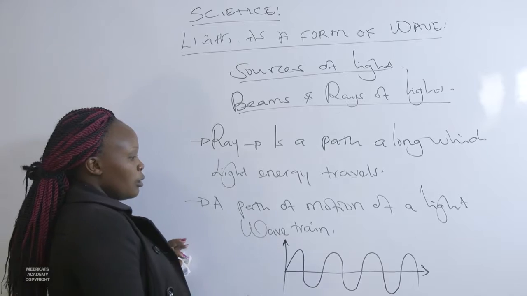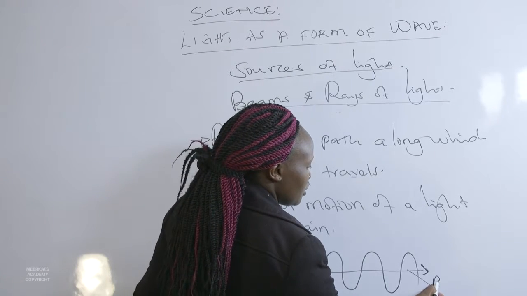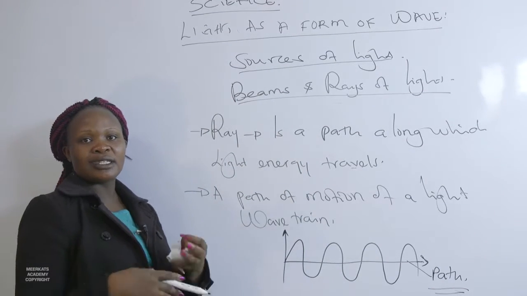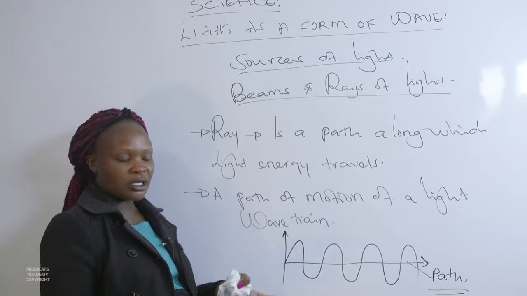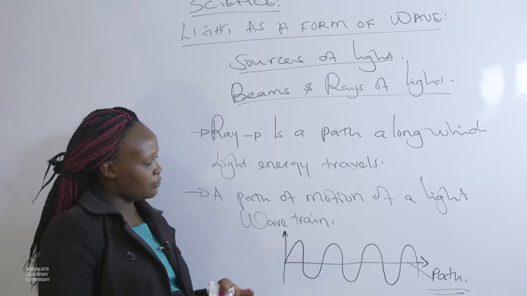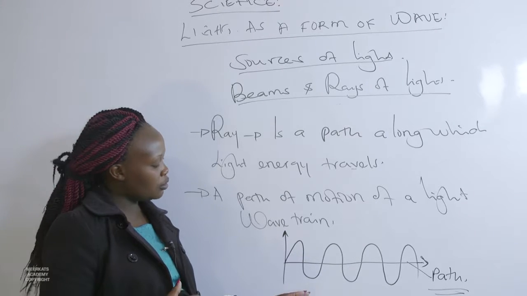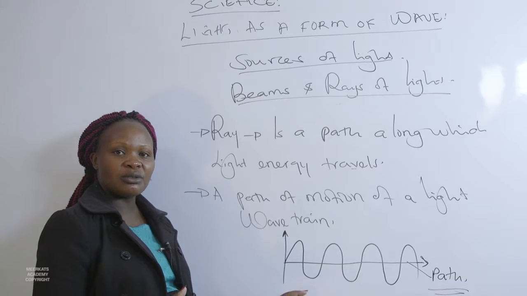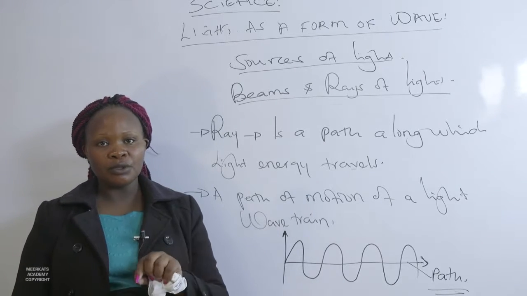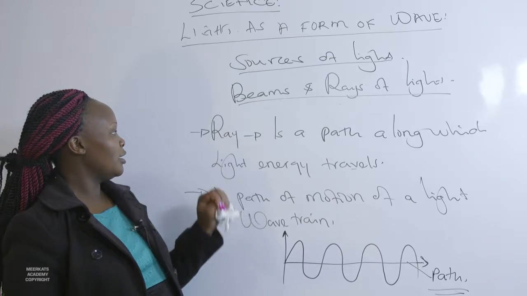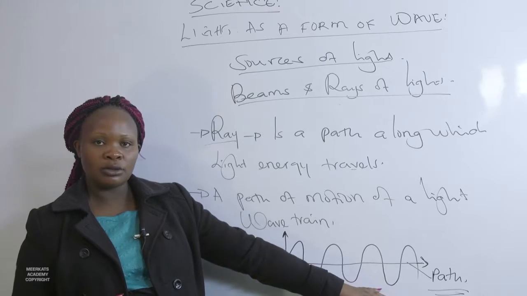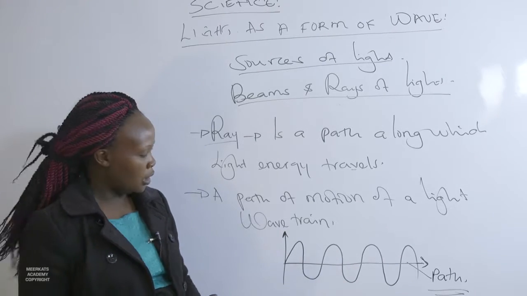This is the path that we are interested in. In which direction is our light as a wave progressing to? That one is what we call a ray of light. Other characteristics are going to be exhibited, and they will help us to discuss other properties of light as a wave. But if we want to narrow down to a ray of light, then the direction to consider is the direction of motion of the wave itself.